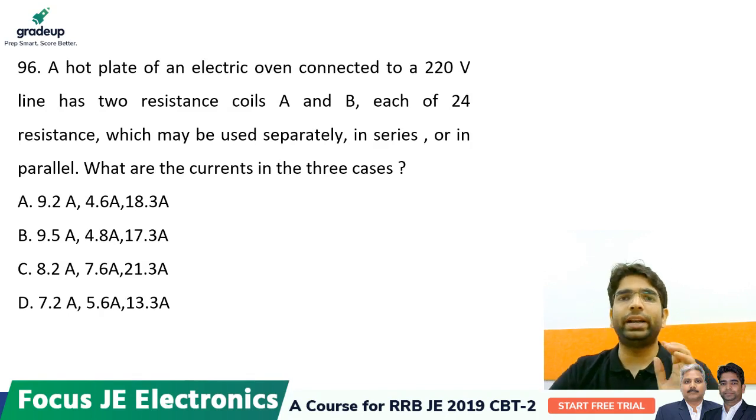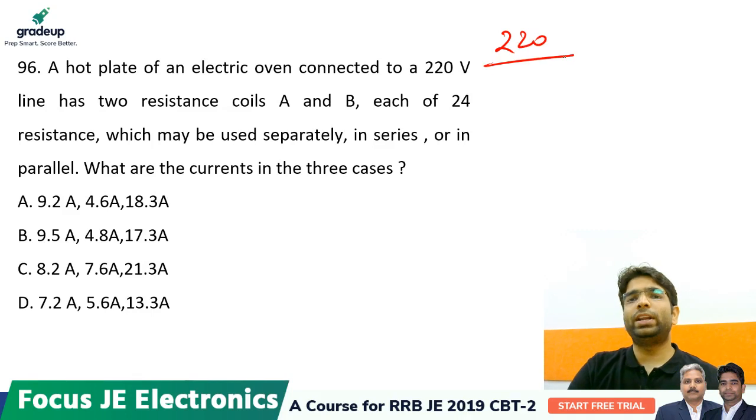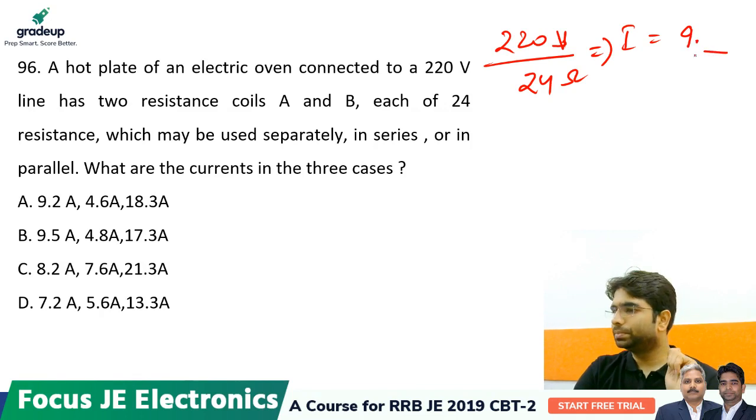What are the currents in all three cases? 220 volts is applied across an electric oven having 24 ohms resistance. What is the current withdrawn? Is it 9 point something?